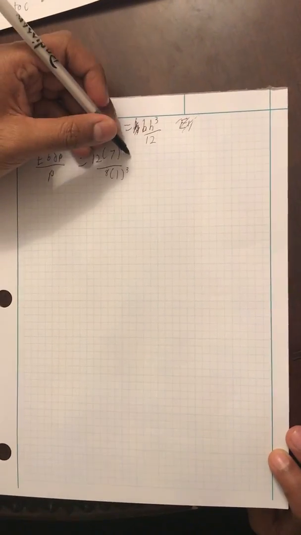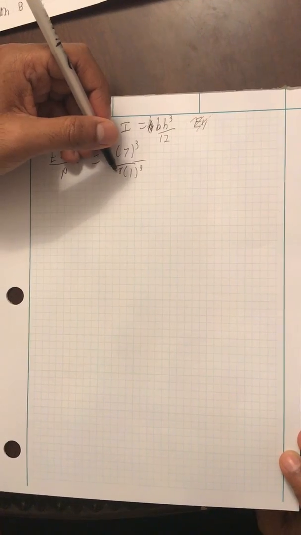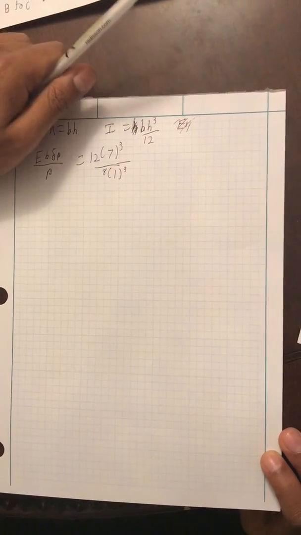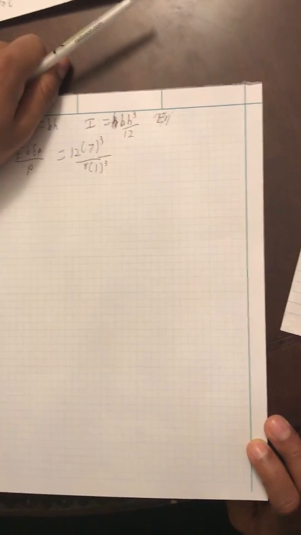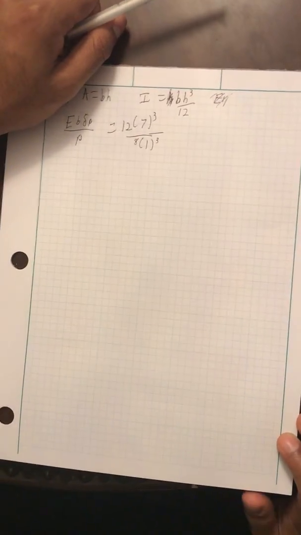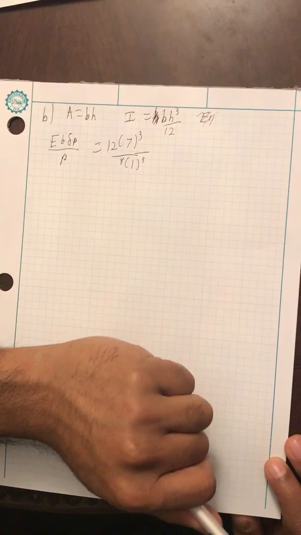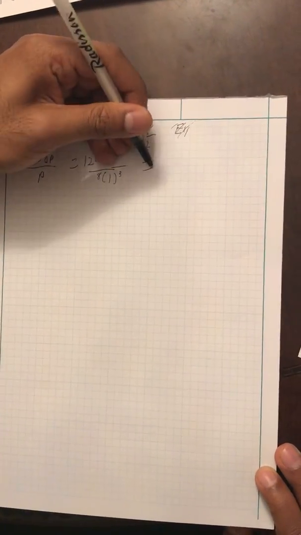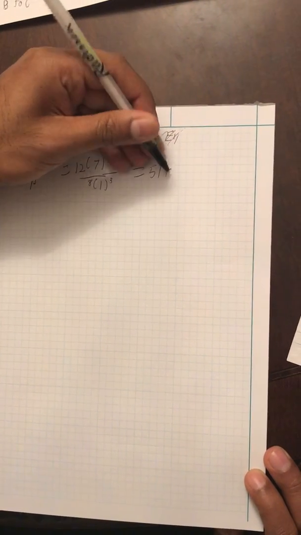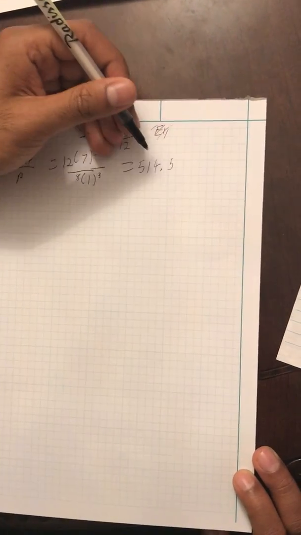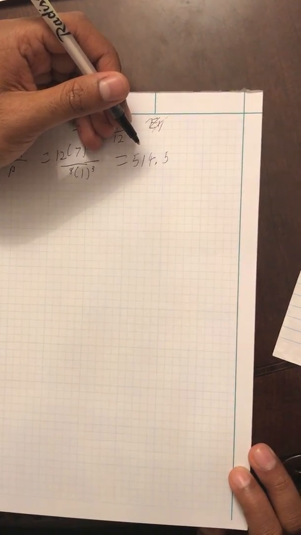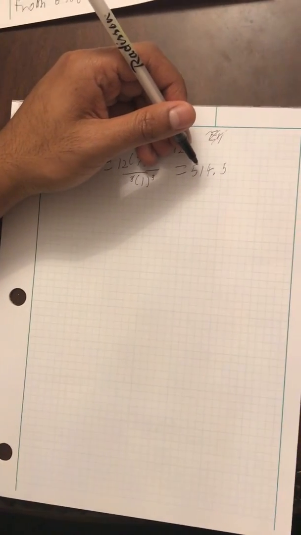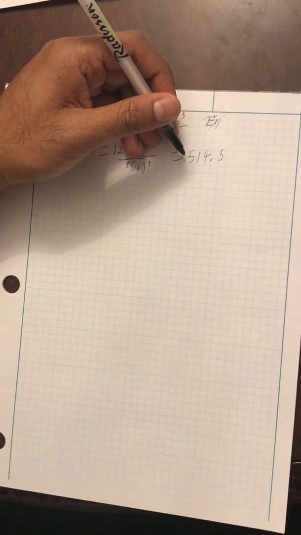This part's mostly just formula manipulation. You end up getting something along these lines, and then you get 514.5.